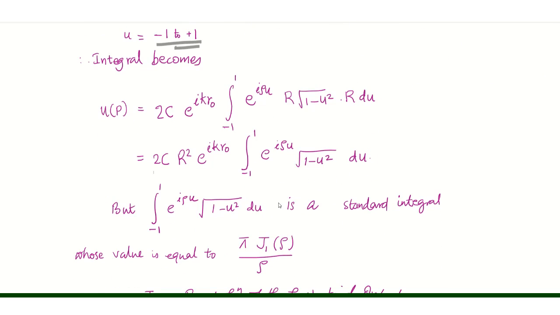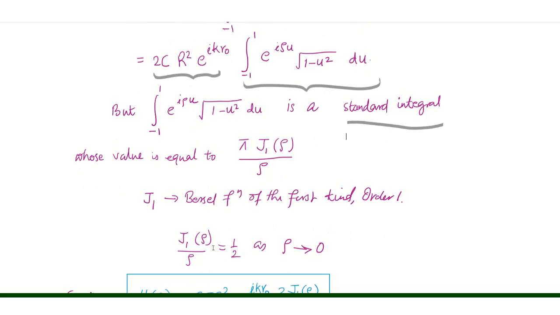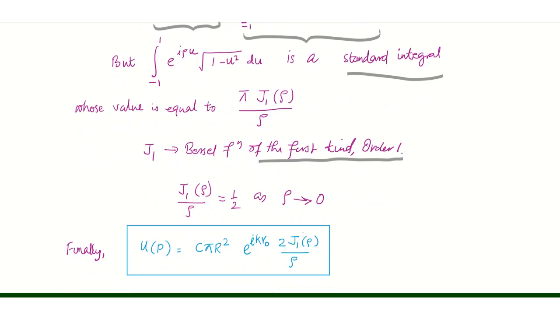You have this constant here and an integral like this, and now you understand why you have made this substitution, because this becomes a standard integral, whose value is pi J1 rho over rho, where J1 is the Bessel function of the first kind and order 1, and therefore you can just write it in the other equation.